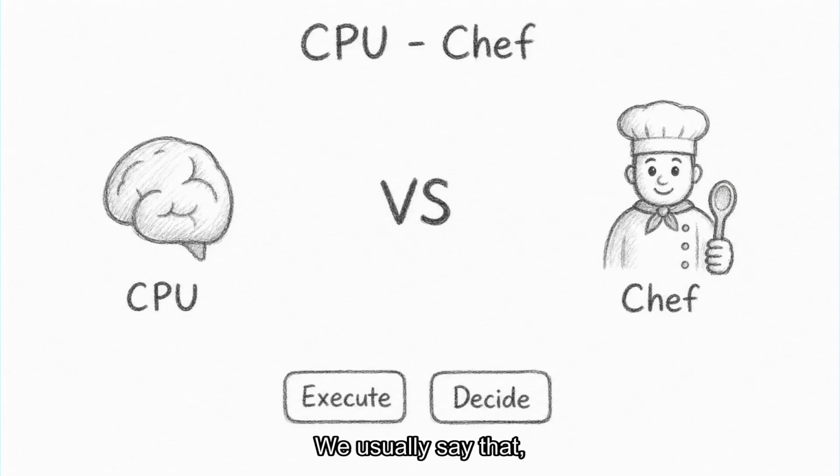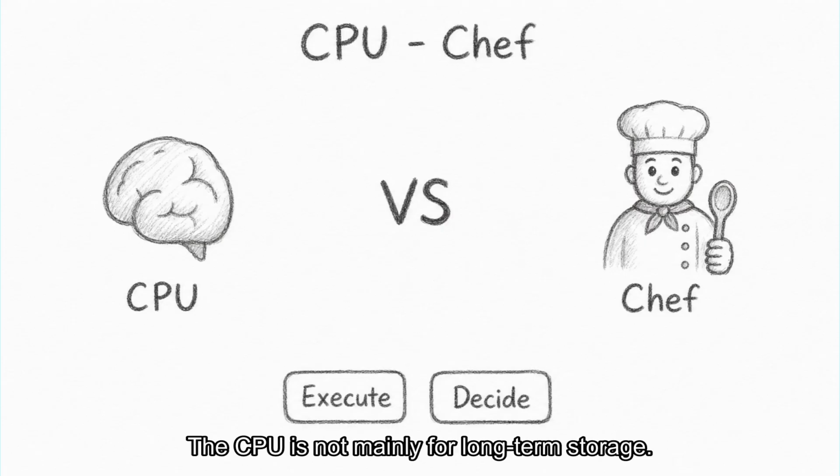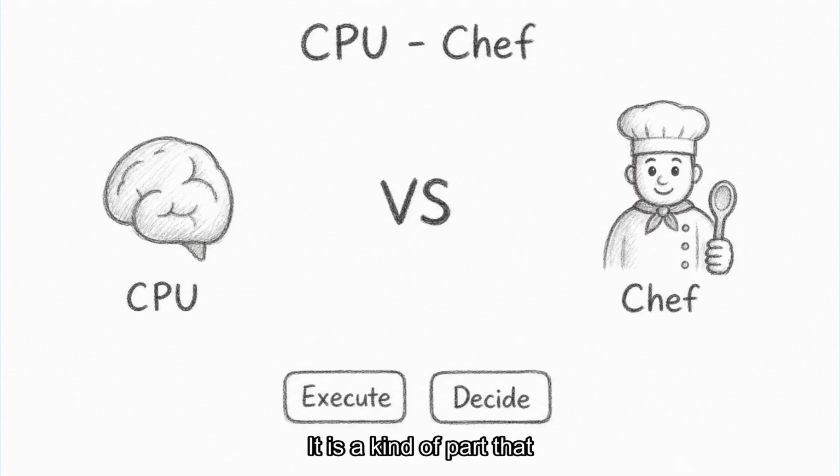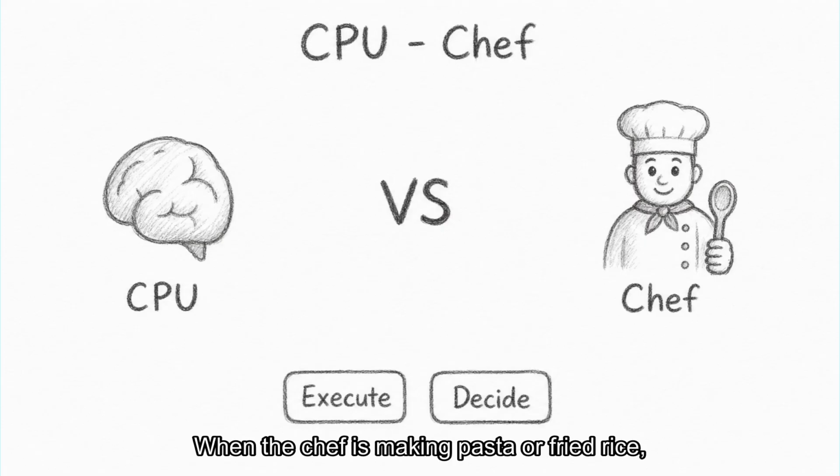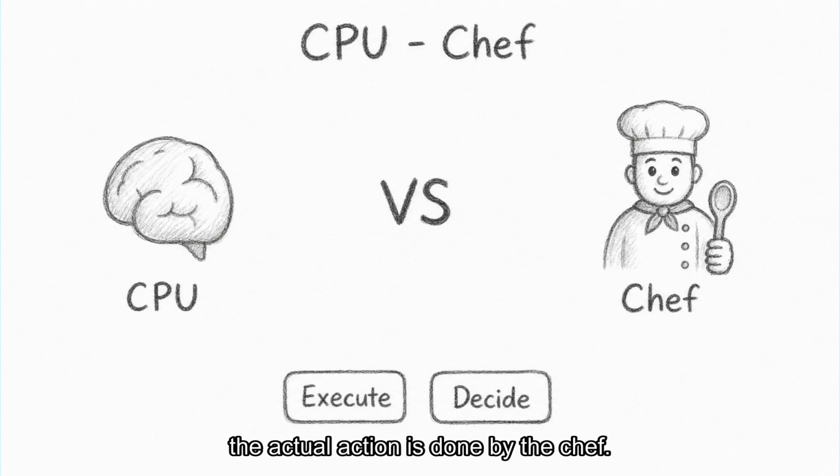We usually say that the CPU is the brain of the computer. In the kitchen analogy, it's like the main chef who actually does the cooking. The important point is the CPU is not merely for long-term storage. It's the part that handles the work happening right now. For example, when the chef is making pasta or fried rice, the actual action is done by the chef.